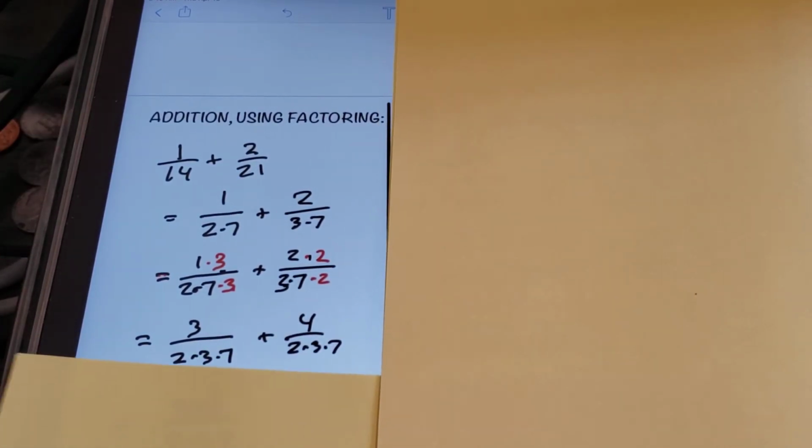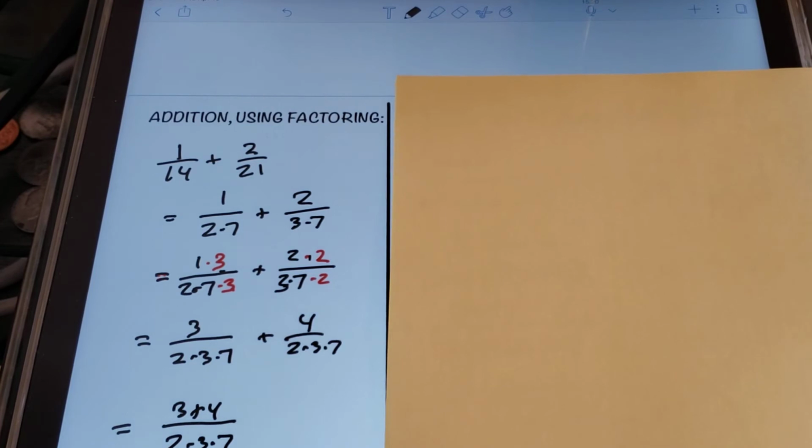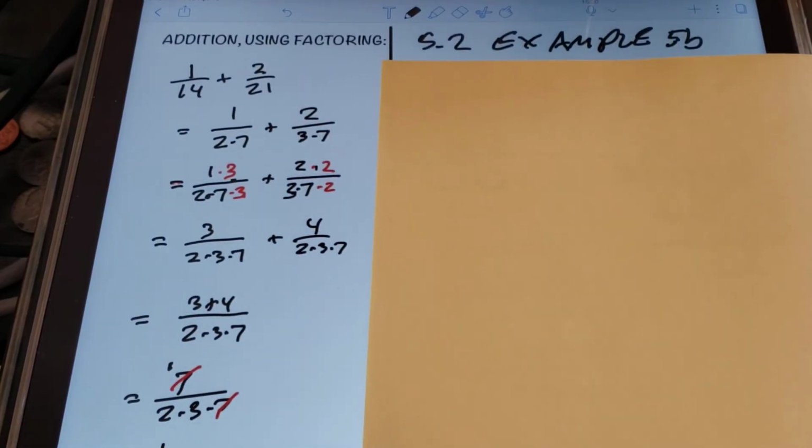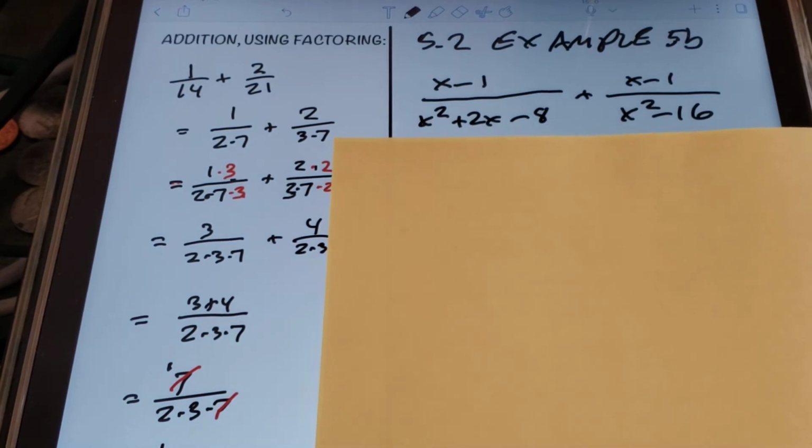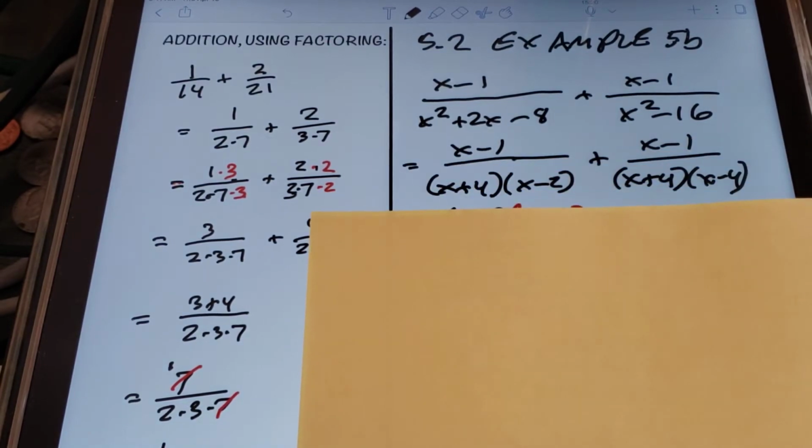All right. So how does that teach us something today in chapter 5? There's my question. I'm going to add these together. The only thing available to us is factoring. So factor. And what did I say about this?